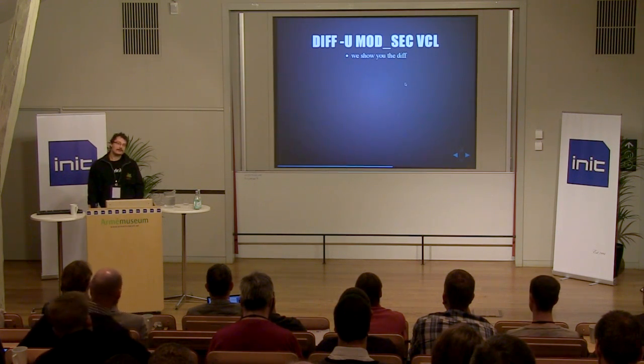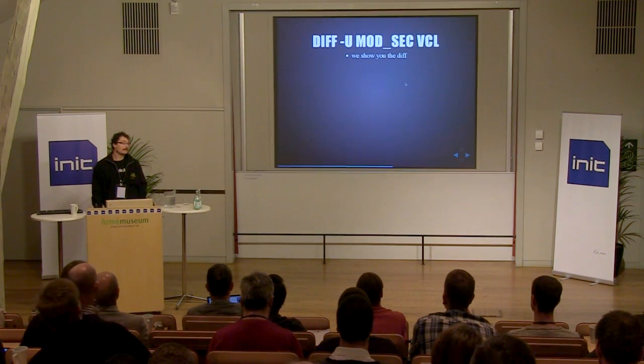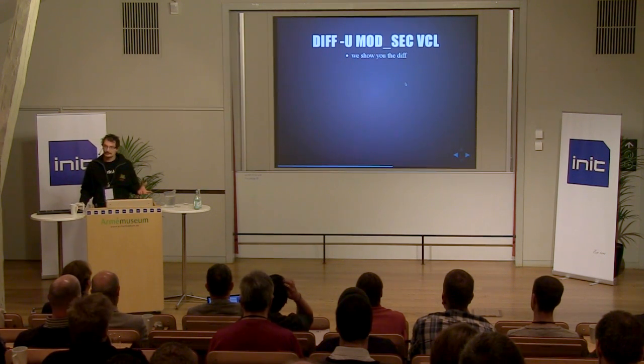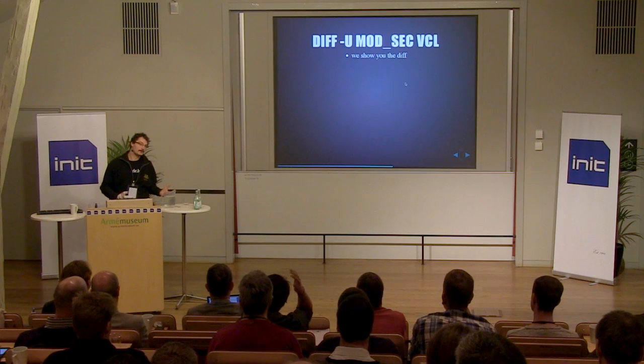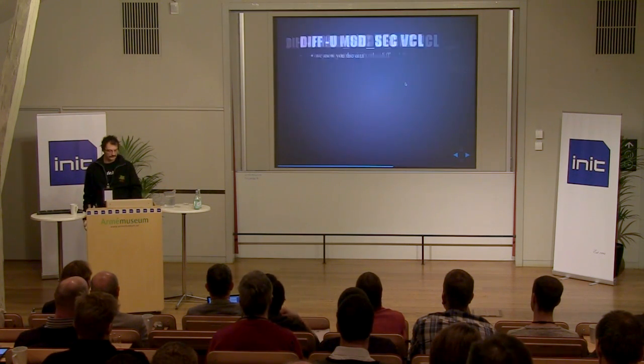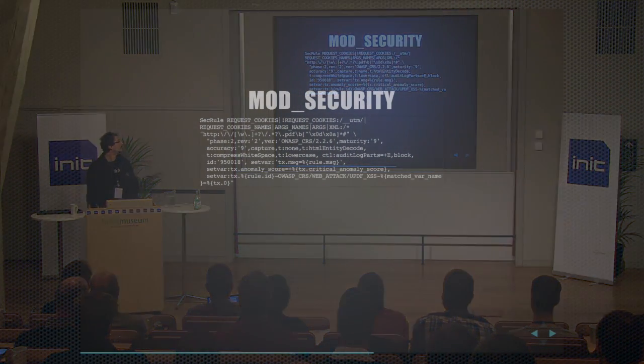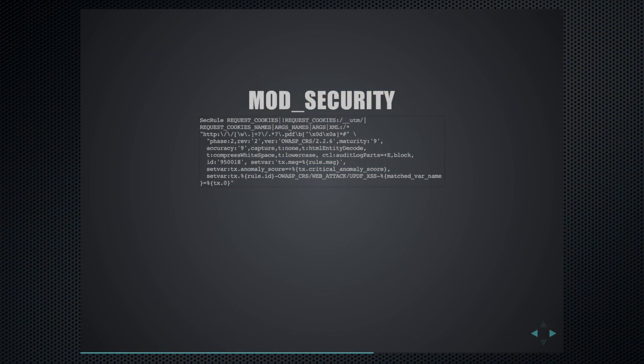So back to ModSecurity and our VCL, to show you the difference between the approach we took and the approach ModSecurity took. This is a ModSecurity rule. It might be one of the more scary ones, but certainly not more complex than a lot of the others.